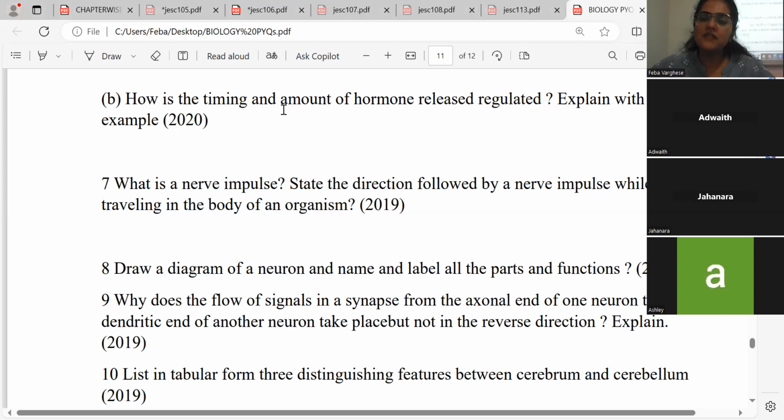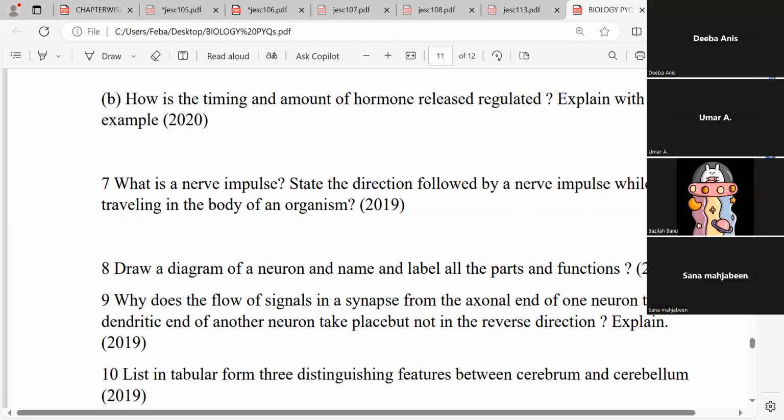Until the levels of glucose become normalized, the hormone release will keep on happening. Once the blood glucose levels reach normal, the hormone release is stopped. Is it clear? All right, online students, that's a feedback mechanism. I hope it's clear.